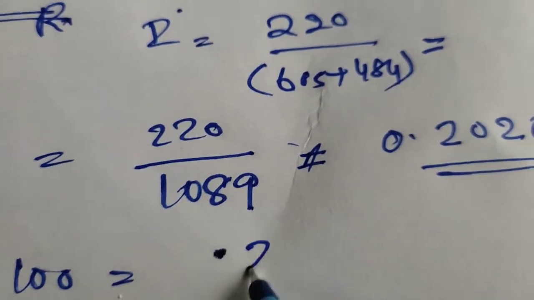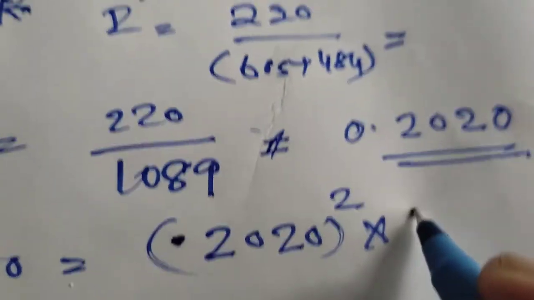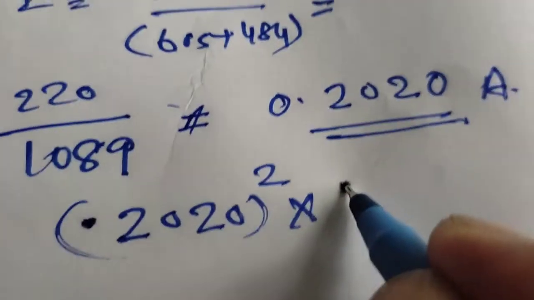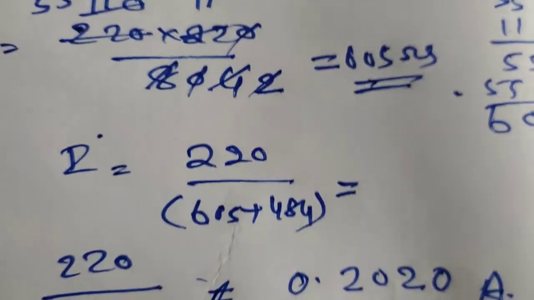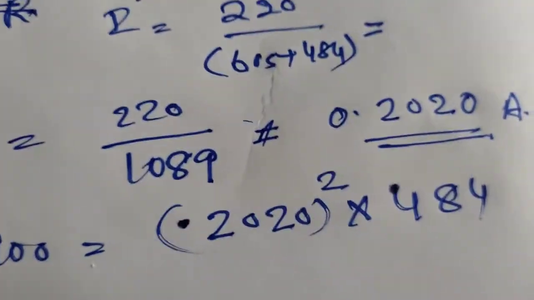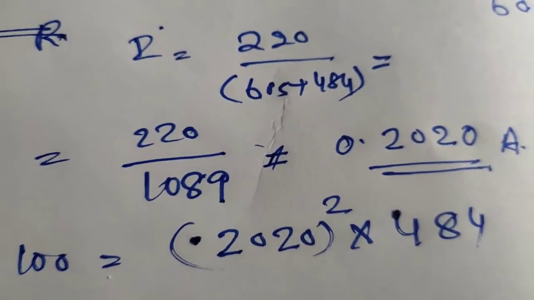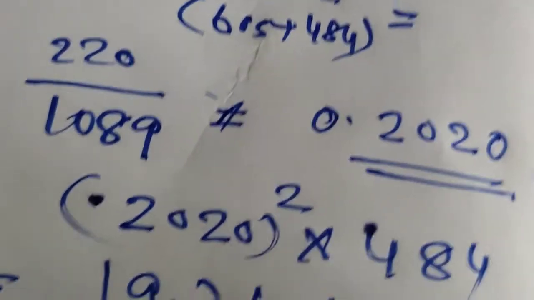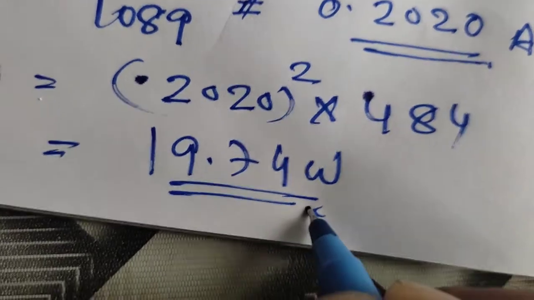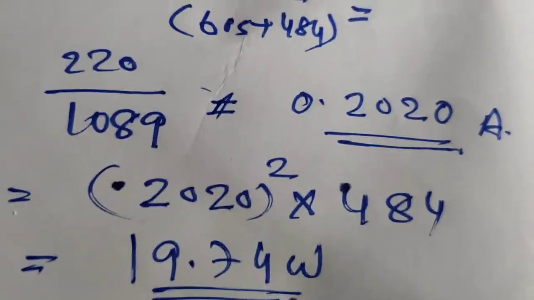P100 is 0.2020 squared into R100, which is 484. Let us calculate. The value is 19.74 watt. This is the power dissipated across the 100 watt bulb in series combination.